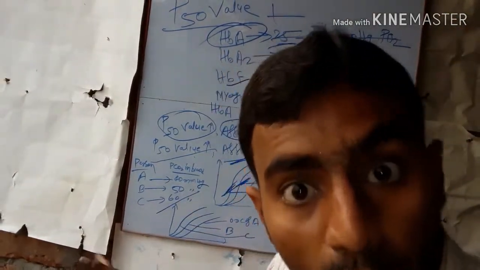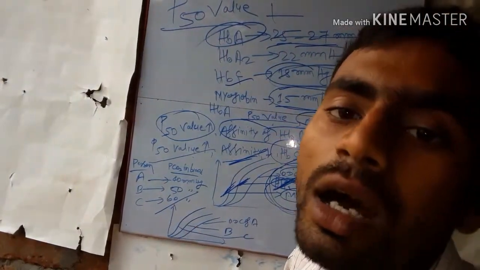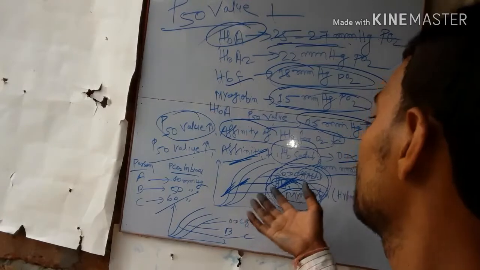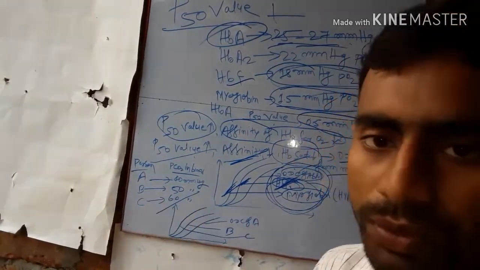This is the example, and for this we will see what happens in the graph. This is the graph for the composition of oxygen, but this one is for CO2.